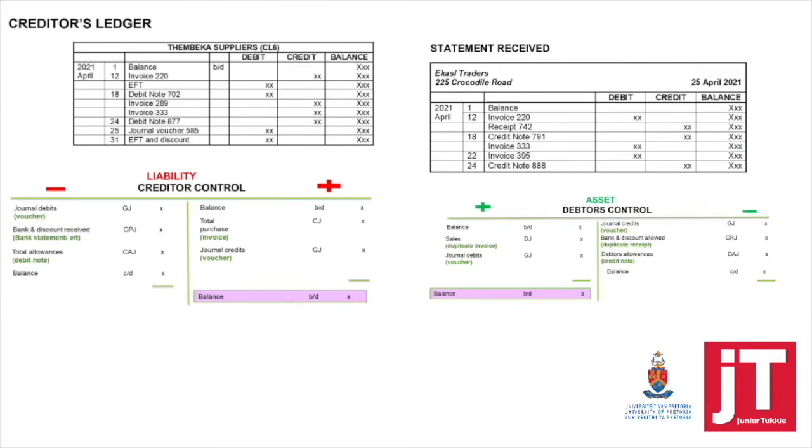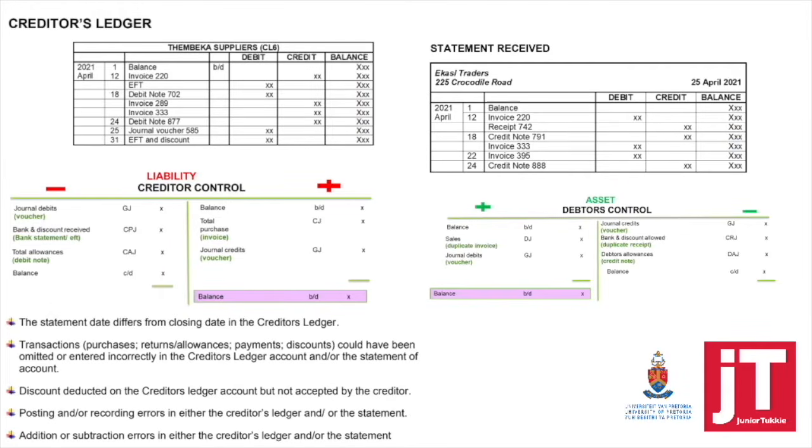Now, there's different reasons for why our month-end balances are not the same. Make sure that you study this. This is a checklist. So all the activities that we're going to do are going to be examples of what is mentioned here. The statement date differs from closing date in the creditor's ledger.